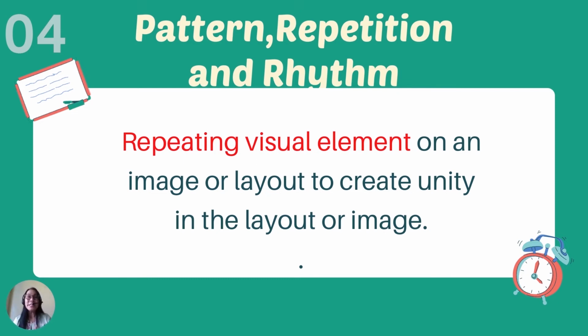But be selective on this principle, guys, because not every object, once you impart it in your layout repeatedly, could create a sense of unity, but instead it creates a certain chaos. It is not nice to look at. So be selective, no? So pattern, repetition, and rhythm. There must be a sense of unity among the elements that you have imparted in your layout.